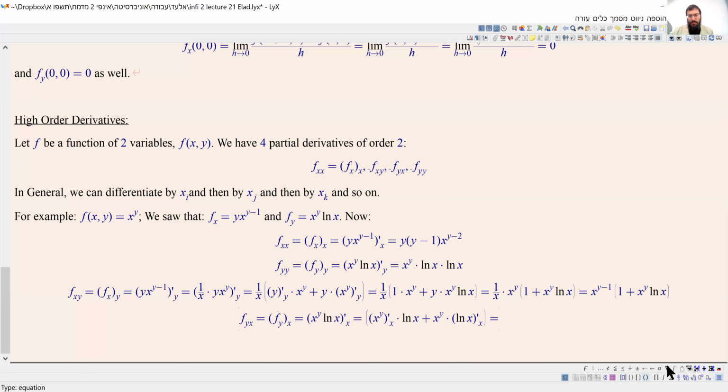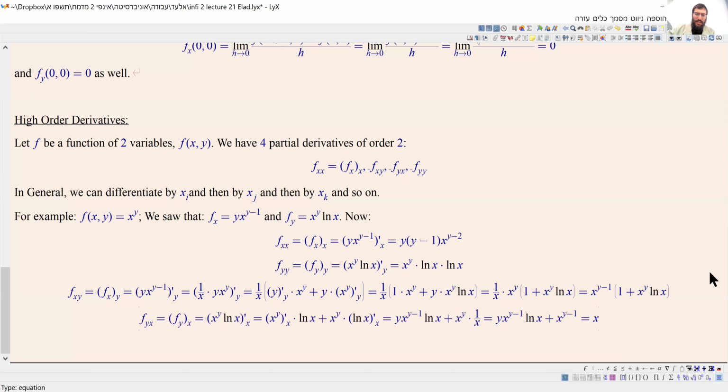We actually don't need the parentheses here, right? Not multiplied by anything. The derivative of x to the power of y is y x to the power of y minus 1 ln x plus x to the power of y. The derivative of ln x is 1 above x. Using the basic rule of powers, it is x to the power of y minus 1.